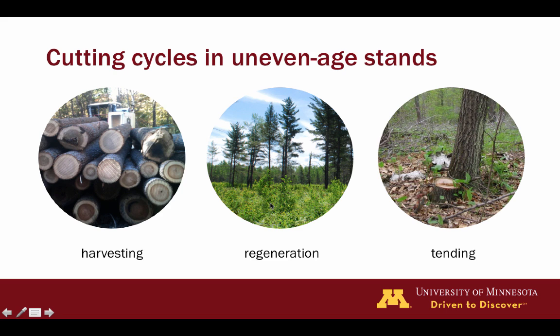And that regeneration is key because it can be really easy to assume we're going to get regeneration in an uneven age stand. But it's really important to make sure you are getting that regeneration, so you're not just continually removing one age class, and not moving a system that maybe has multiple age classes to a single age class stand because you're not getting good regeneration.